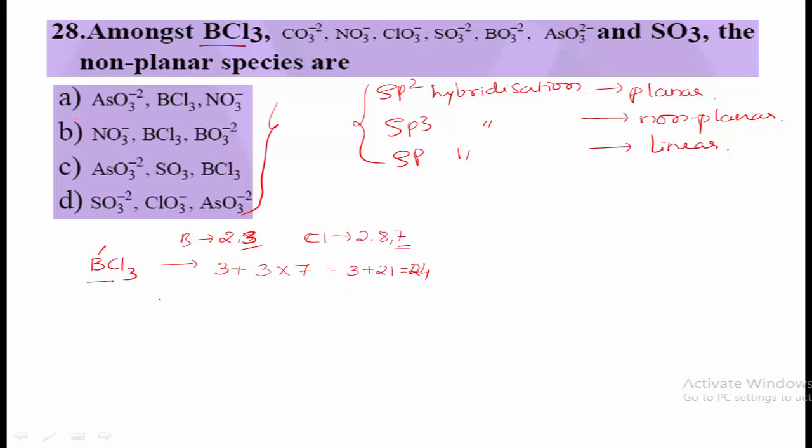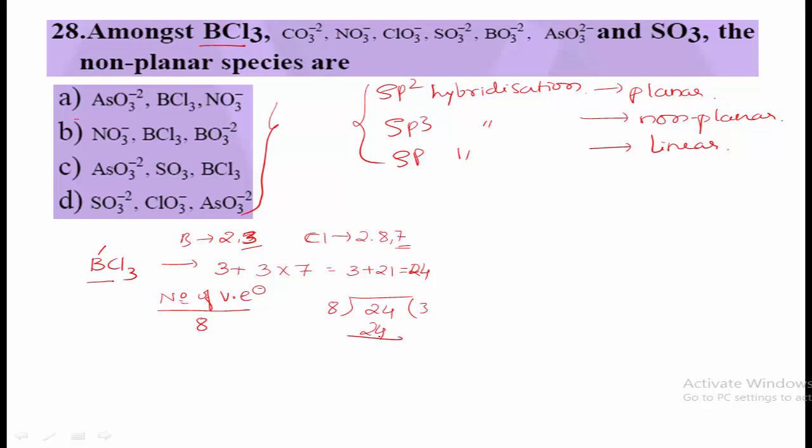And upon taking the number of valence electrons, you should divide it by 8. When you divide it by 8, you will get the quotient and remainder. So simply divide the 24. You should mention the quotient and remainder. So 8 3s are 24.